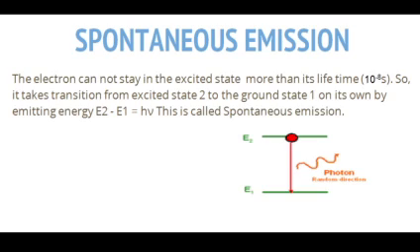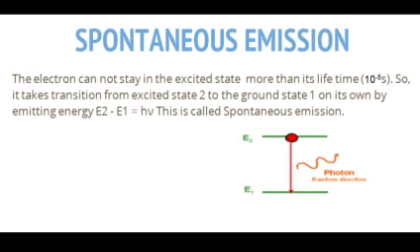So it makes a transition from the excited state to the ground state on its own by emitting energy h nu. This is called spontaneous emission. That is, without taking any incident energy, the electron jumps from the excited state to the ground state on its own.